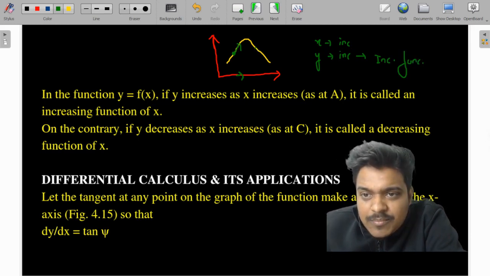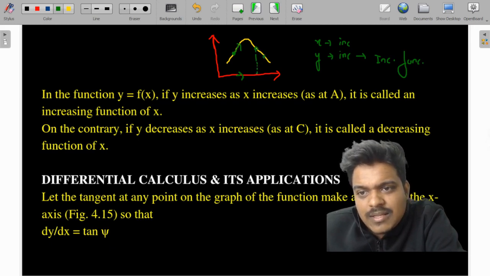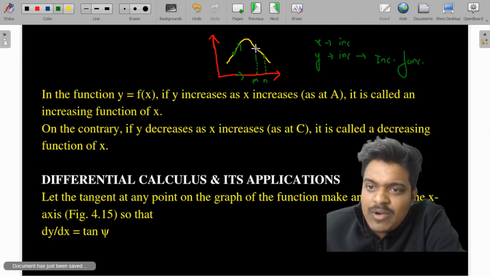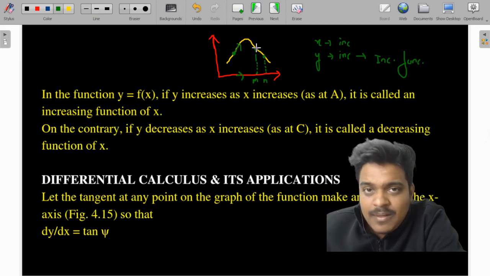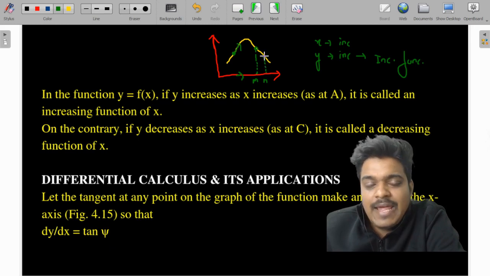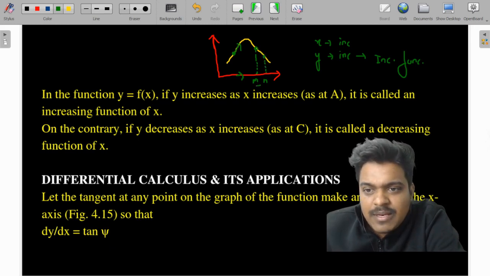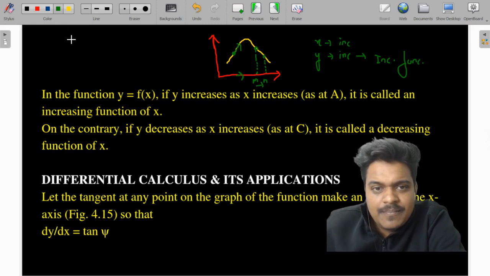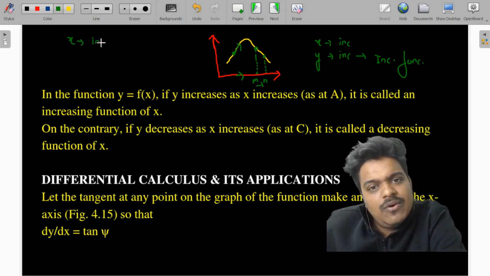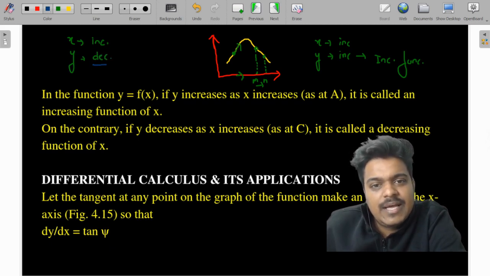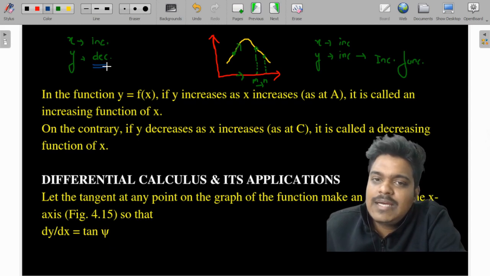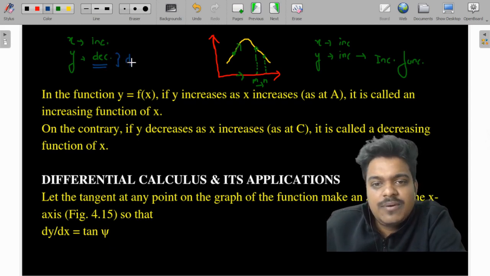And here, suppose you take this point, this is point m and this is another point n. If I calculate the value of y at m, it is higher than the value of y at n. So if I am increasing the value of x and the value of y is decreasing, can you say that the function is a decreasing function?